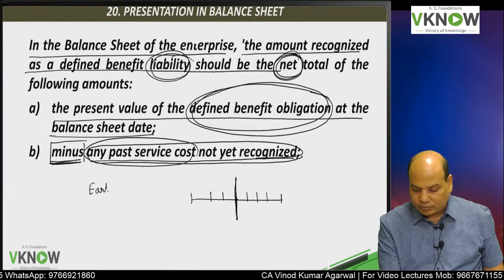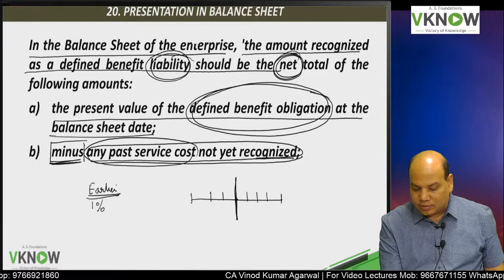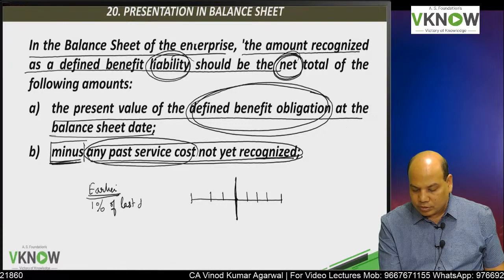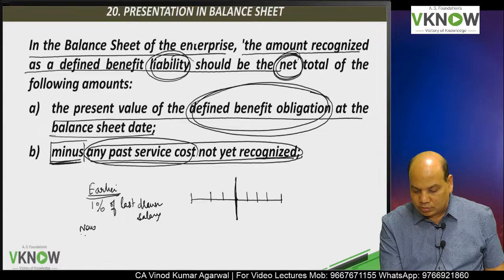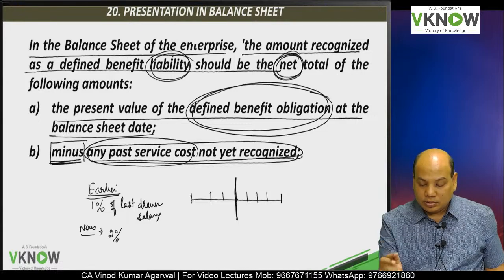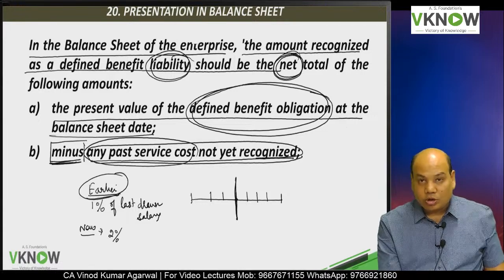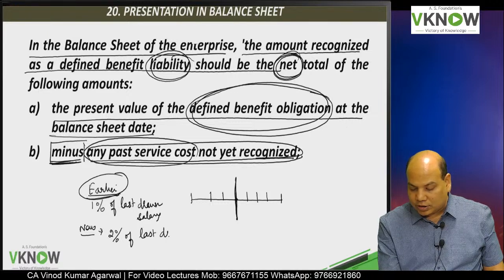Earlier, the company had agreed to pay 1% of last drawn salary. Now, the company and the employee agree that the gratuity should be not 1% but 2% of last drawn salary.